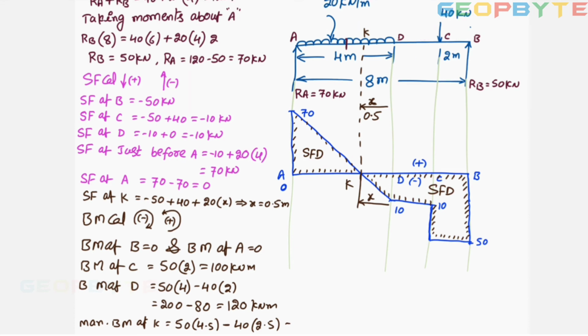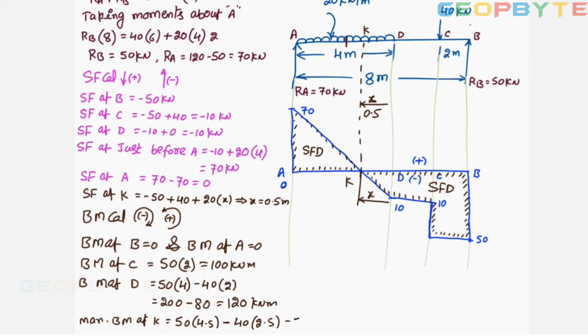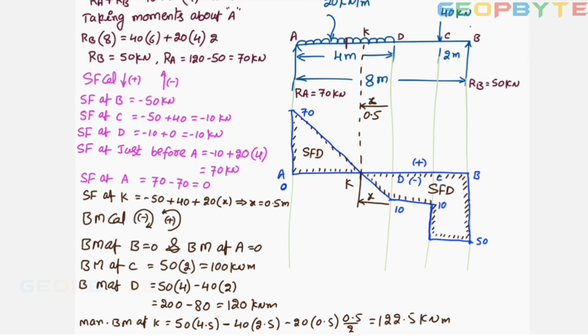UDL is 20 into 0.5 gives the point load. Assume that the point load is acting at the middle of KD, into 0.5 by 2. Simplify it. If you simplify it, definitely you are getting the highest value. Yes, I got the maximum bending moment at K as 122.5 kilonewton meter.